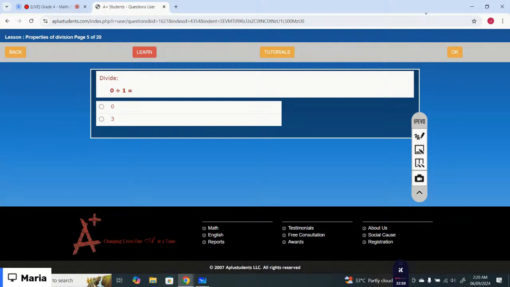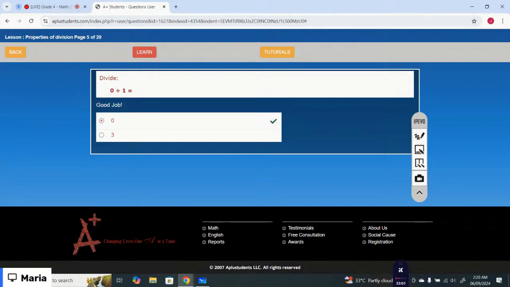Zero divided by any number, the answer is always 0.